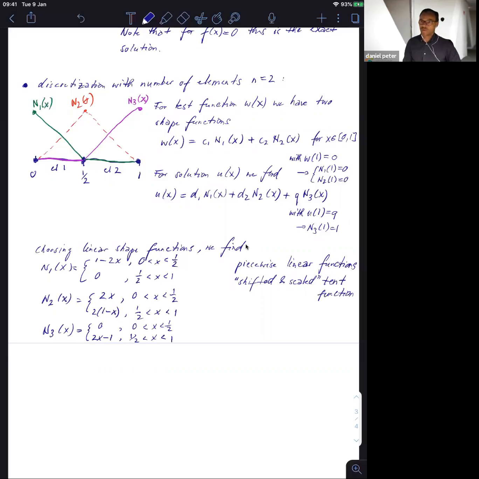Especially if you look at n2, for example. When we would choose 3 elements, 4 elements, 5 elements, we would have all these little tent functions.